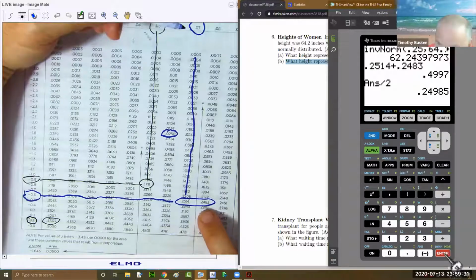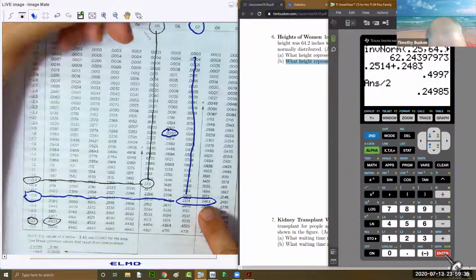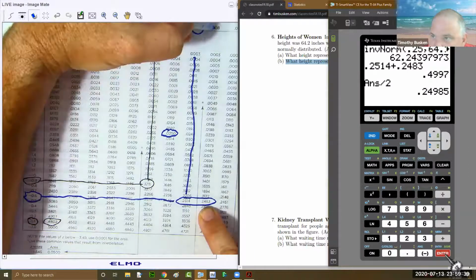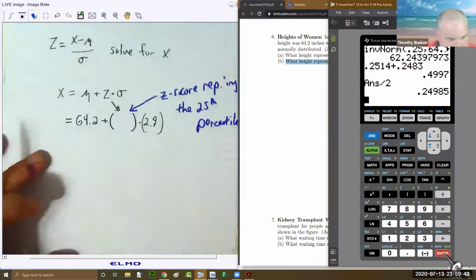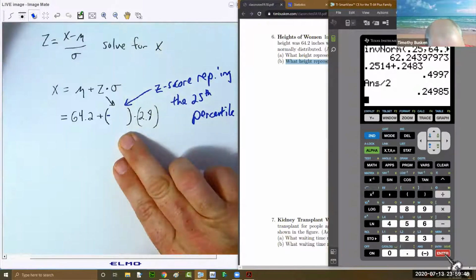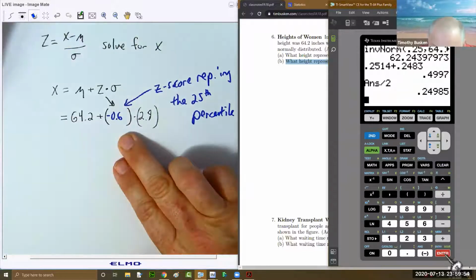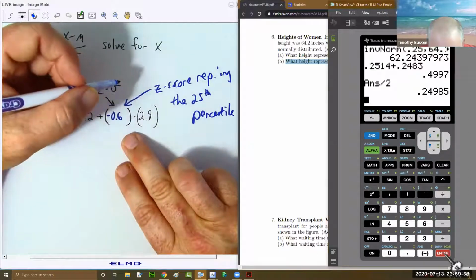And the z-score associated with this number, 0.2483, is negative 0.68. So the number I'm putting in here is going to be negative 0.6, either 7 or 8. No, let's just take the midpoint between that. So that would be negative 0.675.